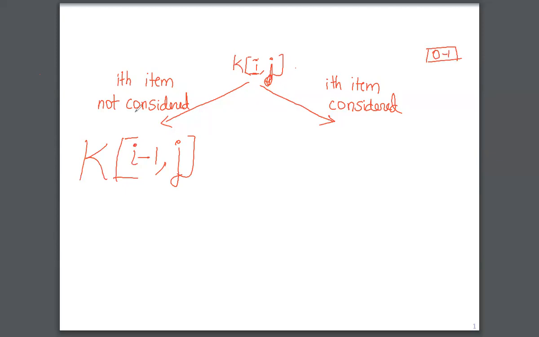If you don't consider the ith item in your knapsack, K of i, j is the same as K of i minus 1, j. Correct? So does this make sense? See, the ith item is not considered here. Hence, we have i minus 1 items now that you can recursively check whether they are considered or not. Make sense? So simple. This is simple.